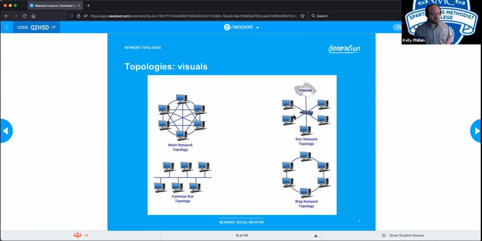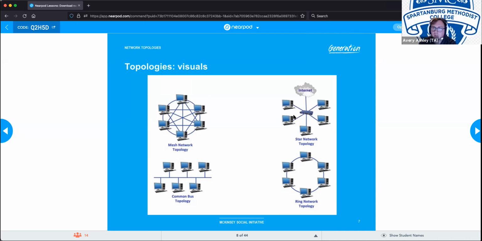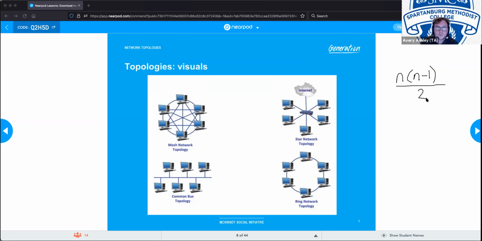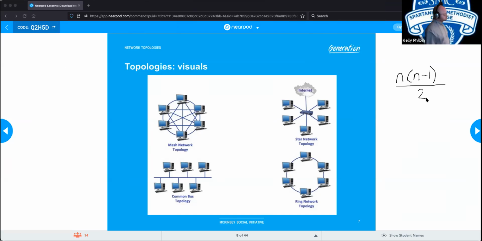I don't know about you, Avery. Did you? Yeah. And I also posted this image into the chat if anyone needs it. n times (n minus 1) divided by 2, where n stands for nodes or computers, essentially.